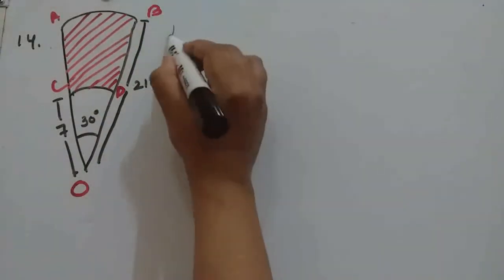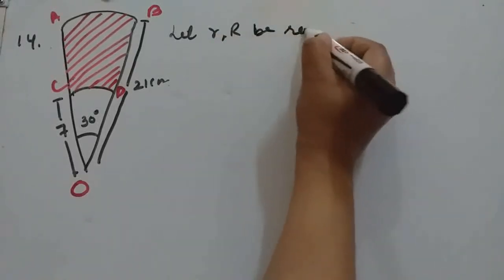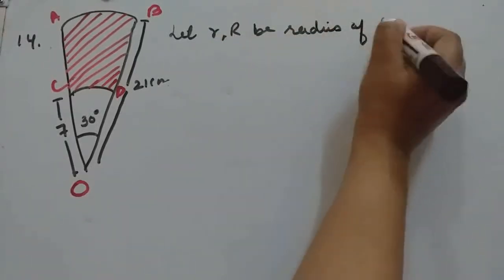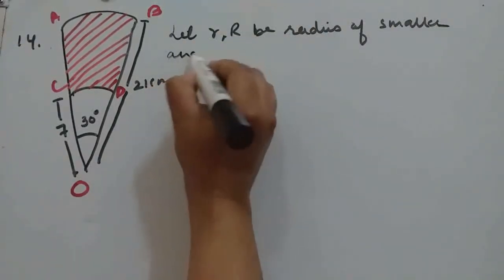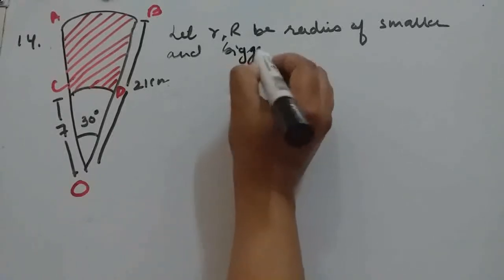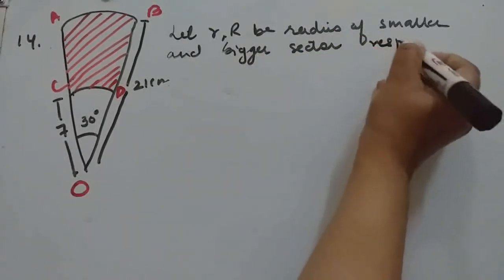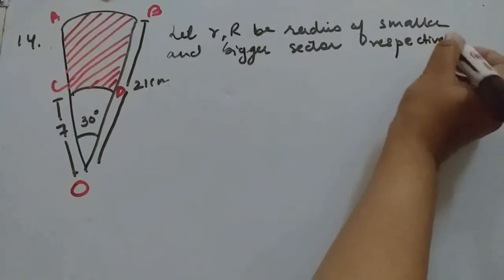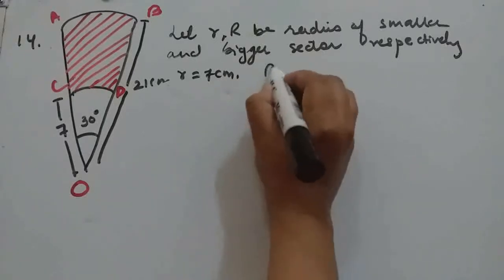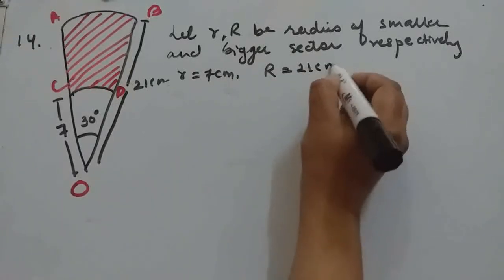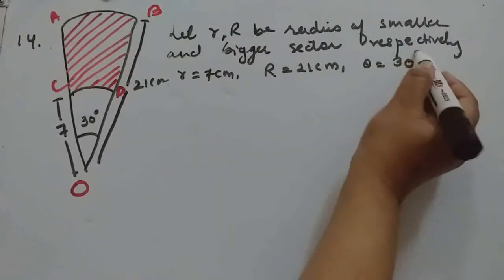Let r and R be the radius of the smaller and bigger sector respectively. So r value is 7 centimeter and capital R value is 21 centimeter. Theta will be the same for both, and that is given as 30 degrees.